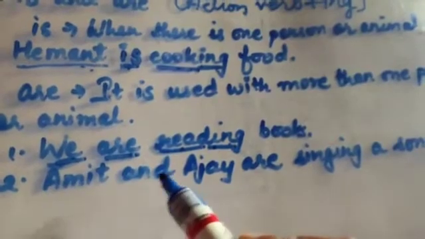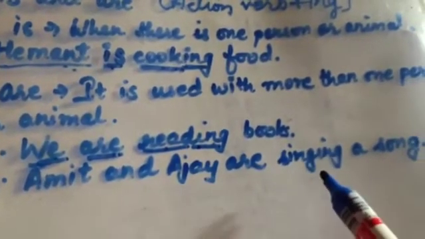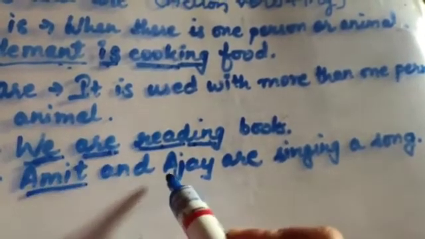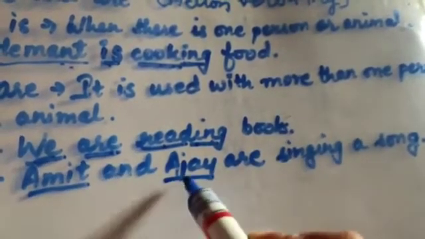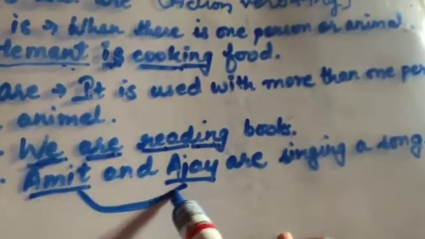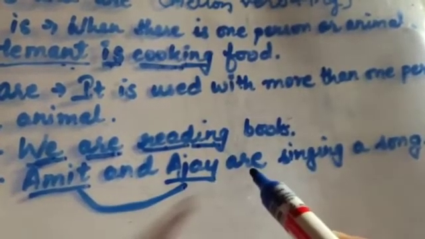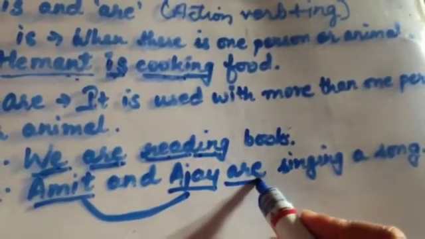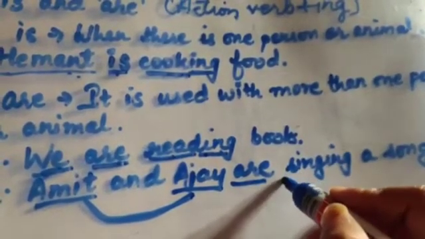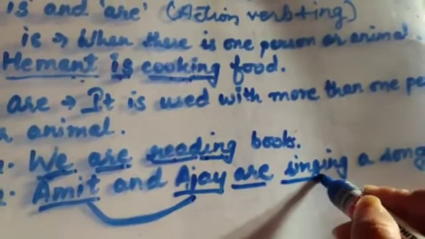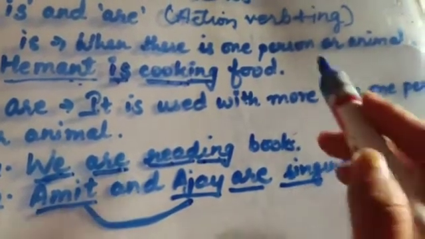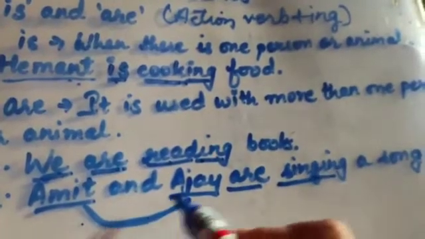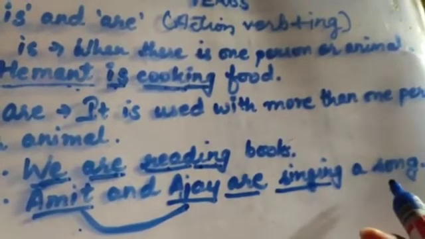Next, Amit and Ajay are singing a song. Now how many persons are there? 1 and 2. So there are 2 persons. With 2 persons, which helping verb are we going to use? We are going to use are. And what is the action verb over here? The action verb is sing. And what have I added with the action verb? ing. So Amit and Ajay are singing a song.